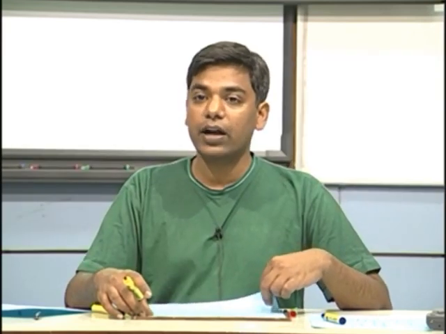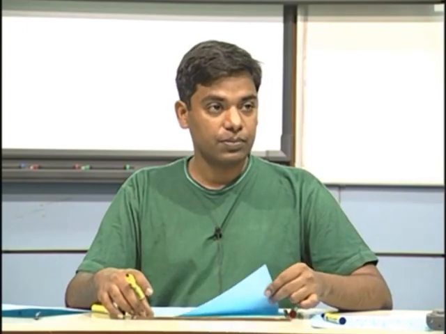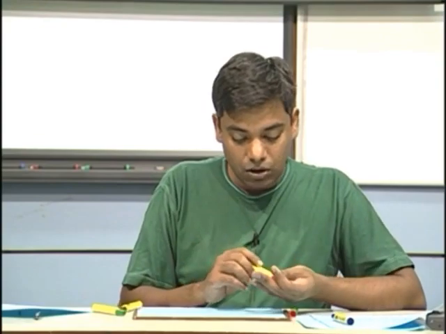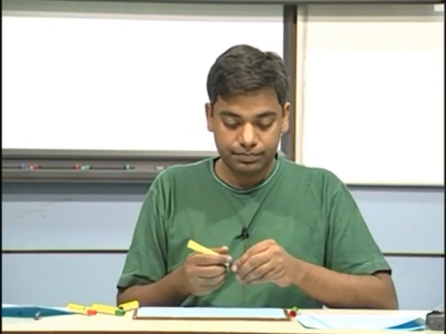Okay, so we are going to look at a different algorithm for computing the minimum spanning tree, and the algorithm we are going to look at is called Kruskal's algorithm.